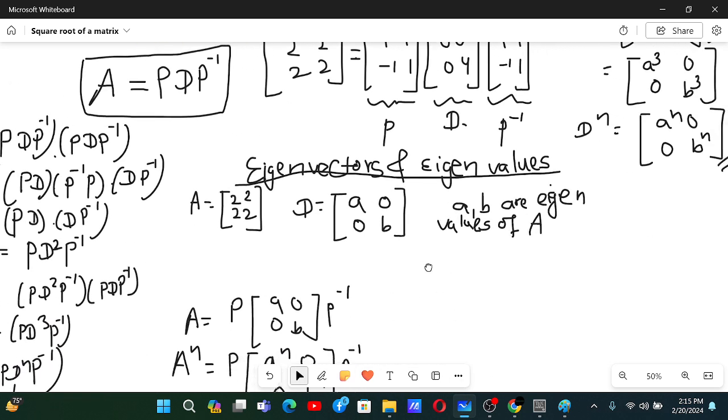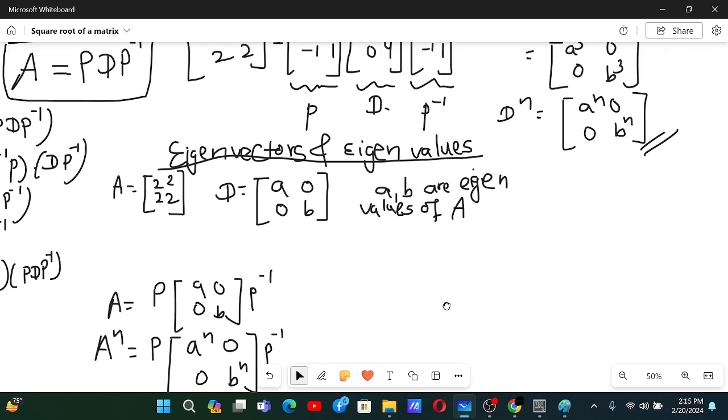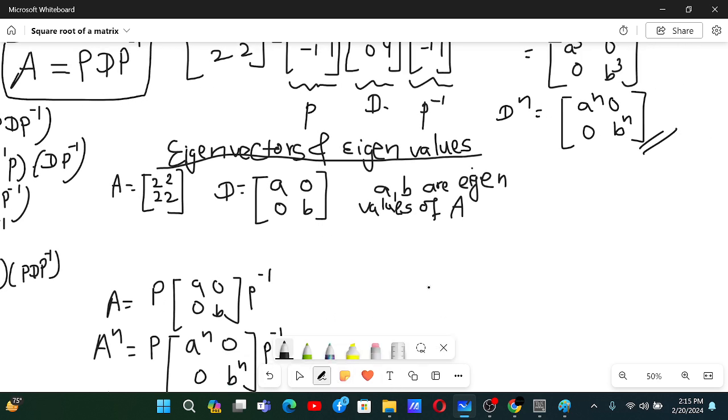If you want the reason why the eigenvalues are in the diagonal matrix, you can probably Google, or I will also link some articles in the description, and that's somehow beyond the scope of this video.